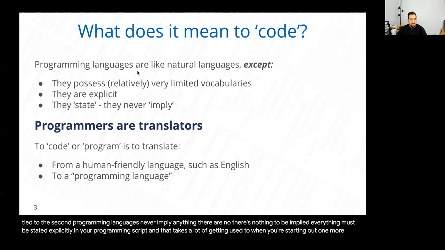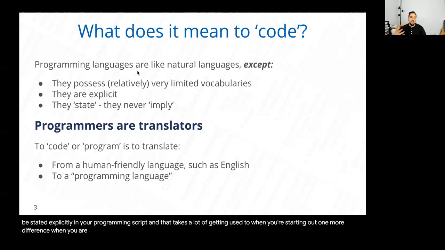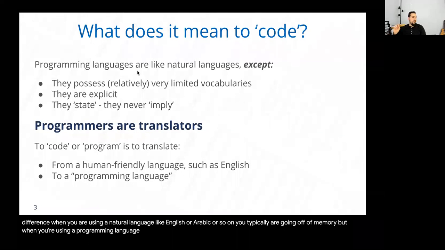One more difference. When you are using a natural language, like English or Arabic or so on, you typically are going off of memory. But when you're using a programming language, you would be more likely to be Googling as you write.